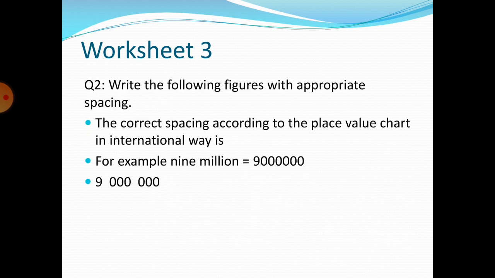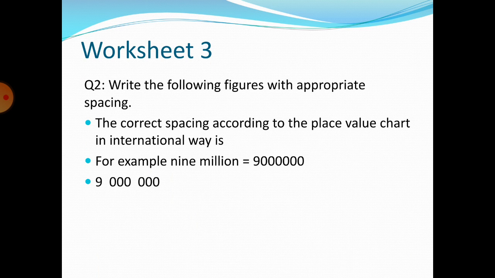Question number 2. Write the following figures with appropriate spacing. The correct spacing according to the place value chart in the international period is that after every 3 digits there is a space. What you have to do is make a place value chart in the international way. Place all the digits and you will come to know the answer.